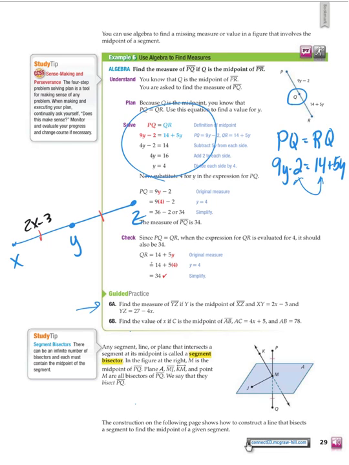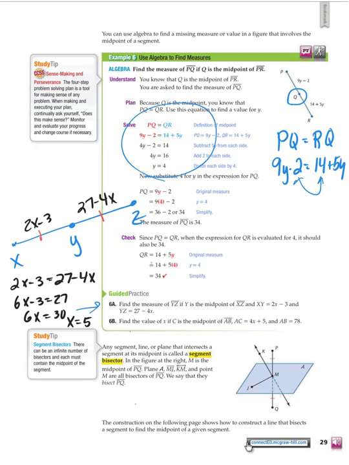And YZ is 27 minus 4x. So since Y is in the middle, I can set these two algebraic expressions equal to each other. Okay, I'm going to add 4x. And then I'm going to add 3. And it looks like x is 5.